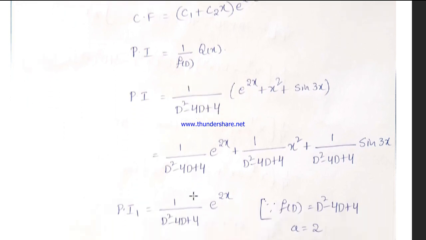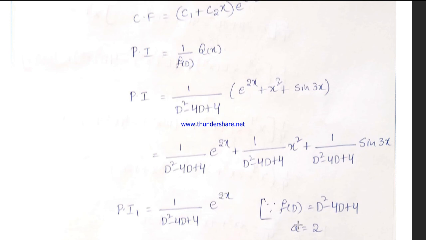So that's why pi1 is equal to 1 by d square minus 4d plus 4 into e power 2x. So it is a form of q of x is equal to e power ax. So we know that the first case is you can substitute d is equal to a, means a value is here 2.